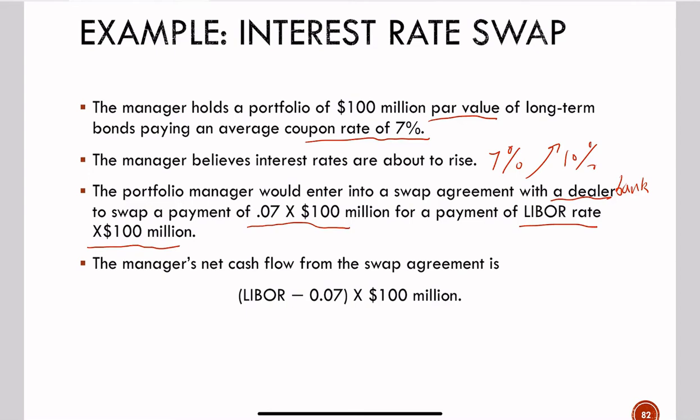You, the investor, will exchange your fixed interest payment for the payment from the market interest rate. So here, the LIBOR rate. LIBOR is the London Interbank Offered Rate. So it's the interest rate used between banks located in London. So it's a market rate.